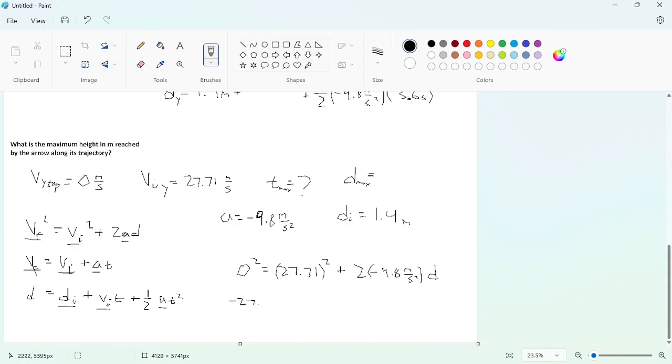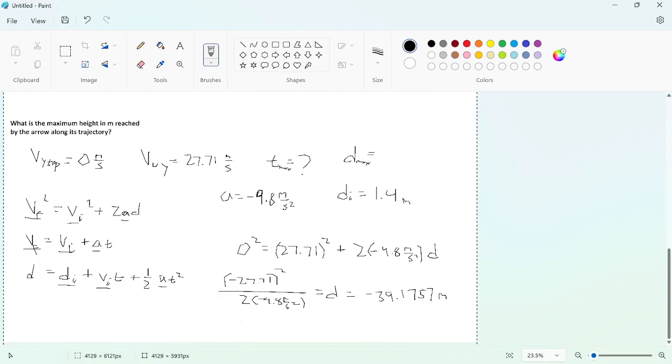Negative 27.71 squared divided by 2 times acceleration, negative 9.8 meters per second squared, is going to be equal to the displacement. And if you do this, you'll get that the distance that it travels is negative 39.1757 meters. But what does that mean?